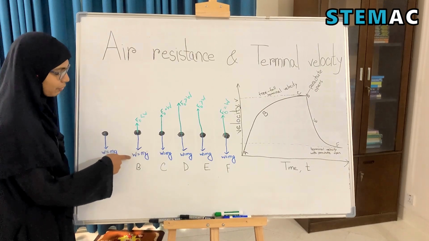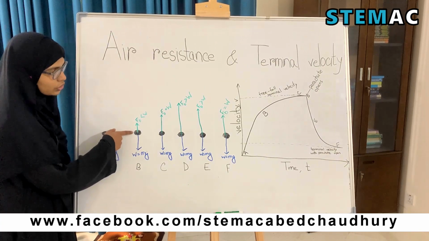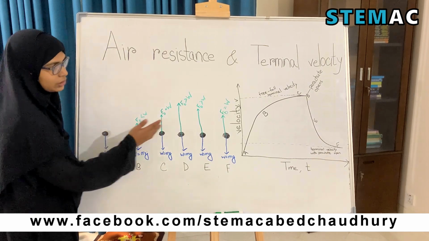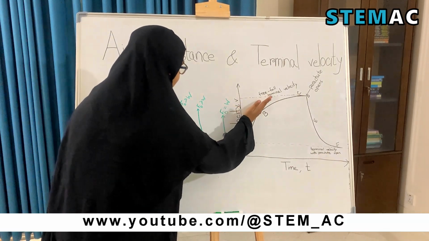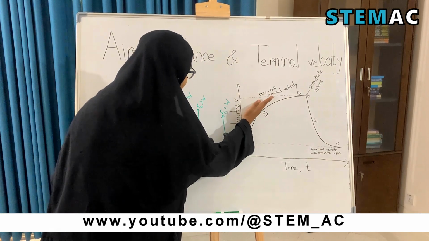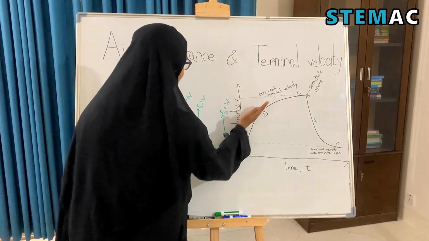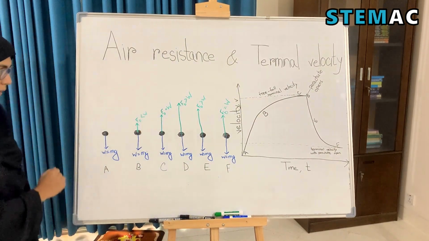As the resultant force was less than at A, the acceleration is now less. That's why the graph is slightly sloping. The slope is much less steep.